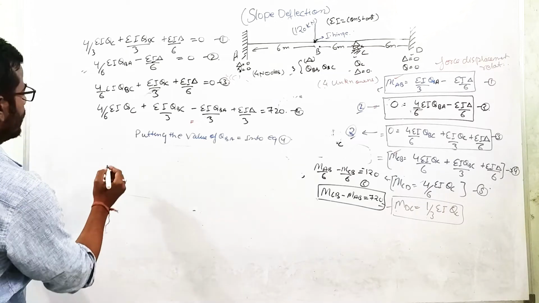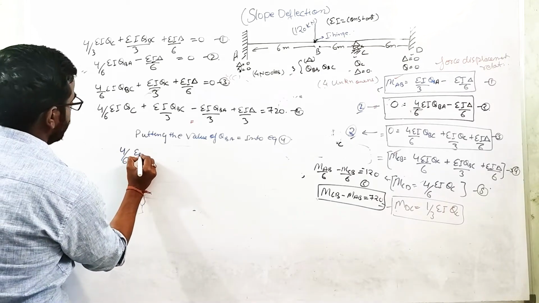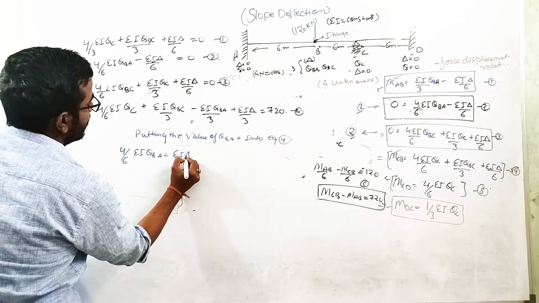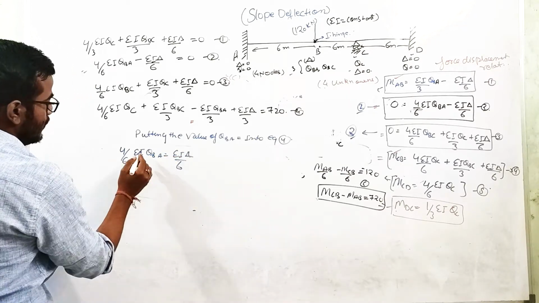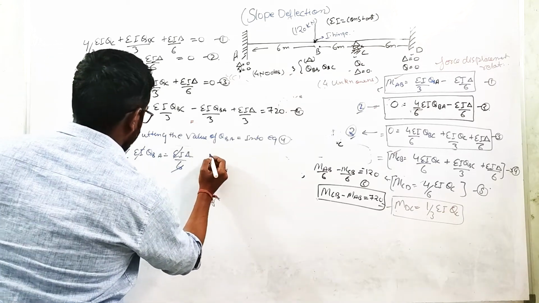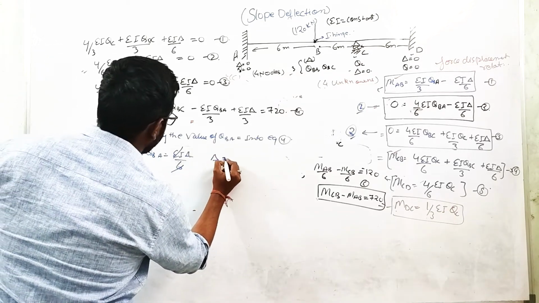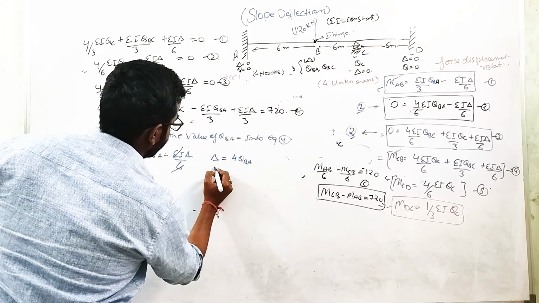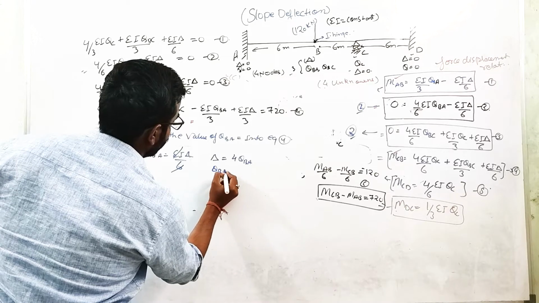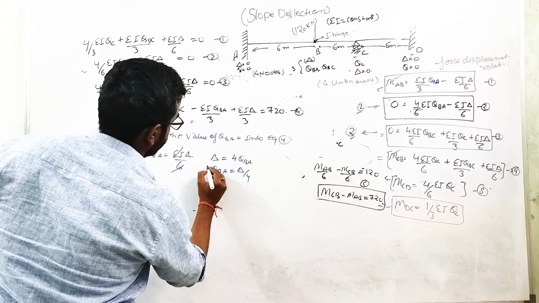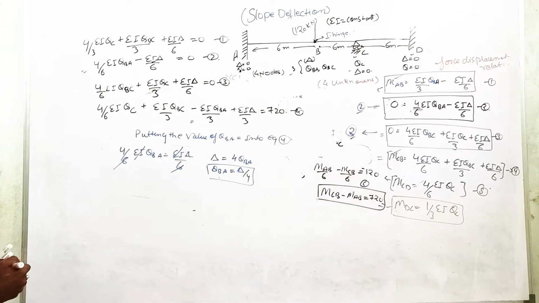So for theta BA, I can write 4 by 6 EI theta BA equals EI delta by 6, right? So EI will cancel out, 6 by 6 cancel. So delta equals 4 theta BA, or you can say theta BA equals delta by 4, right?